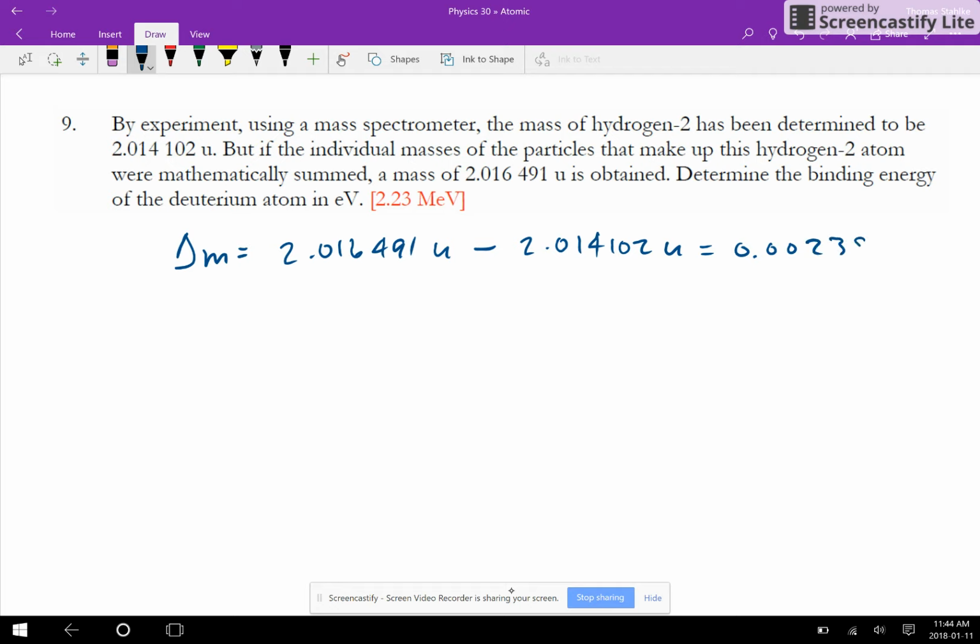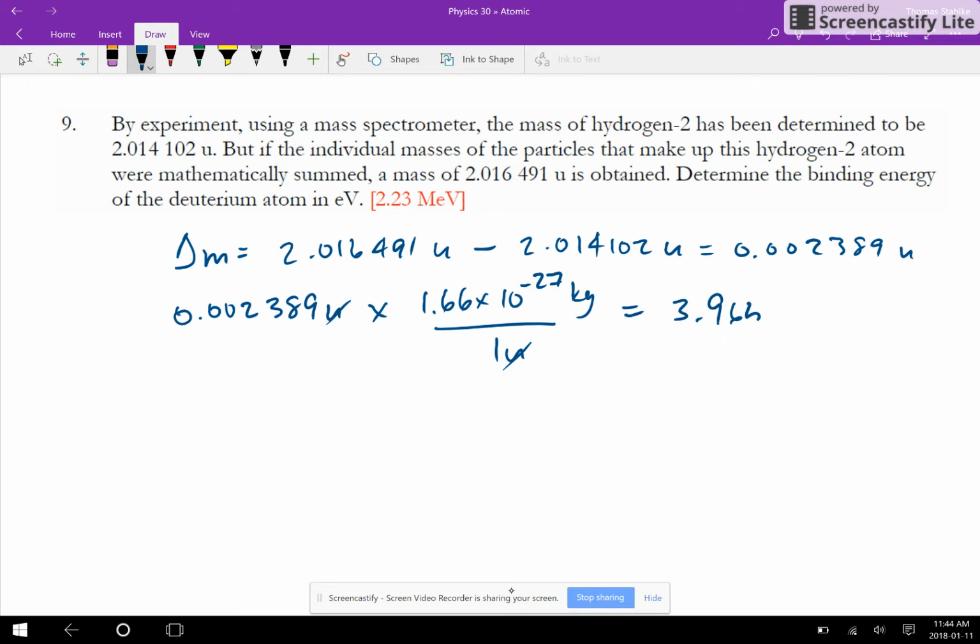So this is the mass defect in atomic mass units. Then we can change that mass defect to kilograms. Now again, this is that kilogram equivalent to the atomic mass unit on our data sheet. So we get 3.9657 times 10 to the negative 30 kilograms.